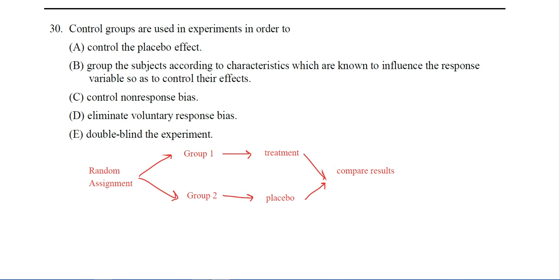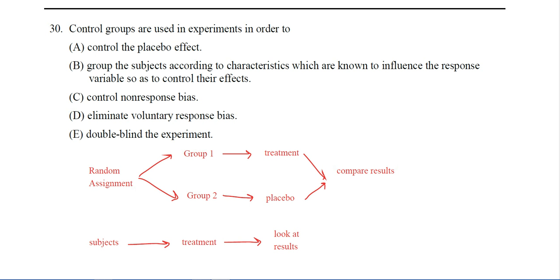So let's look at an experiment that doesn't have a control group. So we wouldn't have any random assignment because all the subjects would just be in one group and they would all receive the treatment, and then we would just look at their results. So the problem with this design is that if we see some sort of positive response to the treatment, we don't really know why the response was positive.